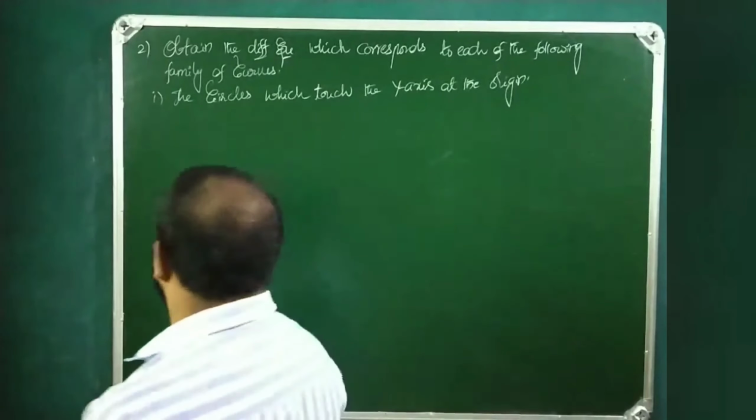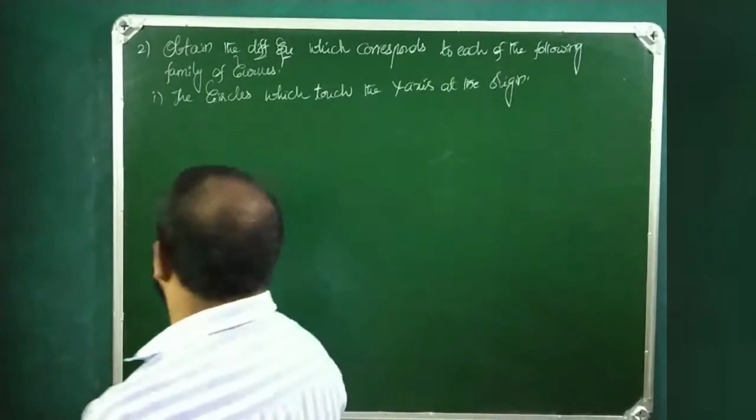This gives x square plus g square plus 2gx plus y square equals g square. So g square gets cancelled. Therefore, x square plus y square plus 2gx equals 0 is the equation given. So this is not the answer. Our solution will start from this step onwards.